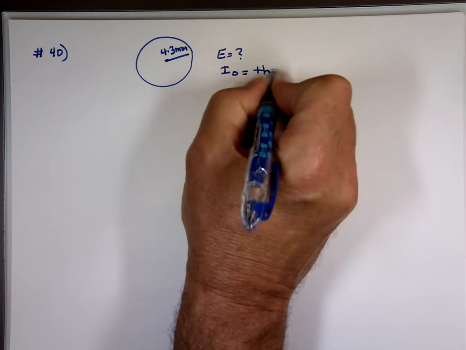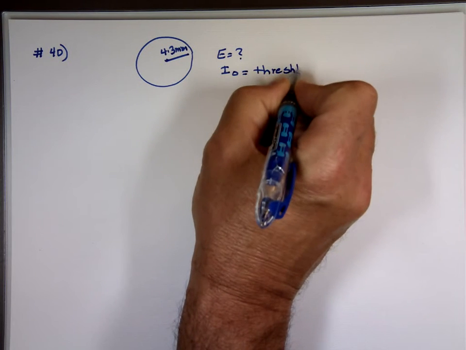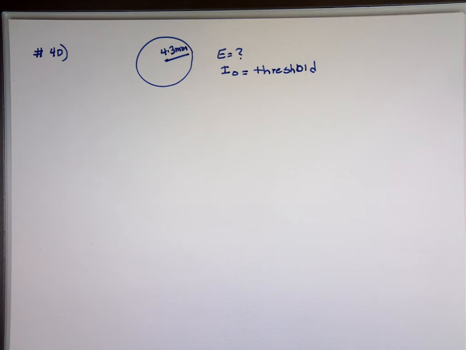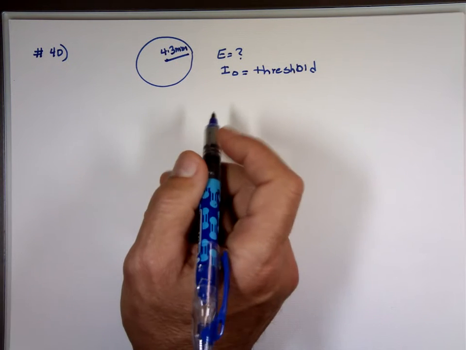In case you forgot, we have to look at that number for the threshold. The threshold is 10 to the minus 12.